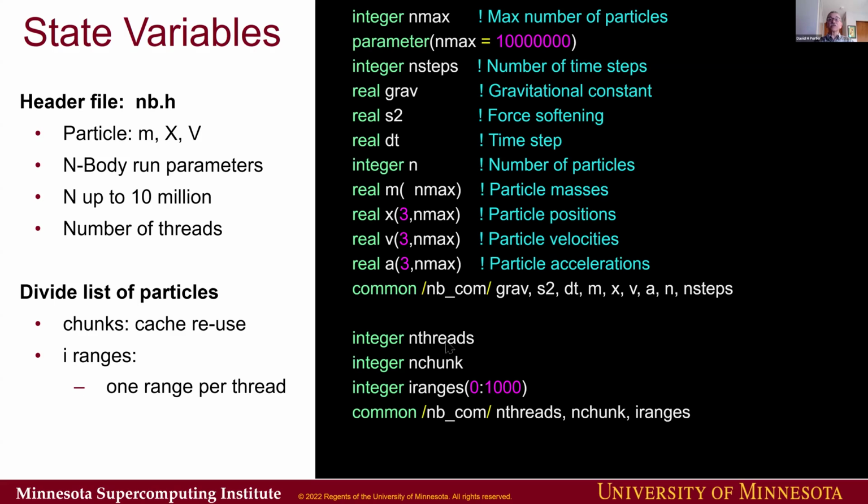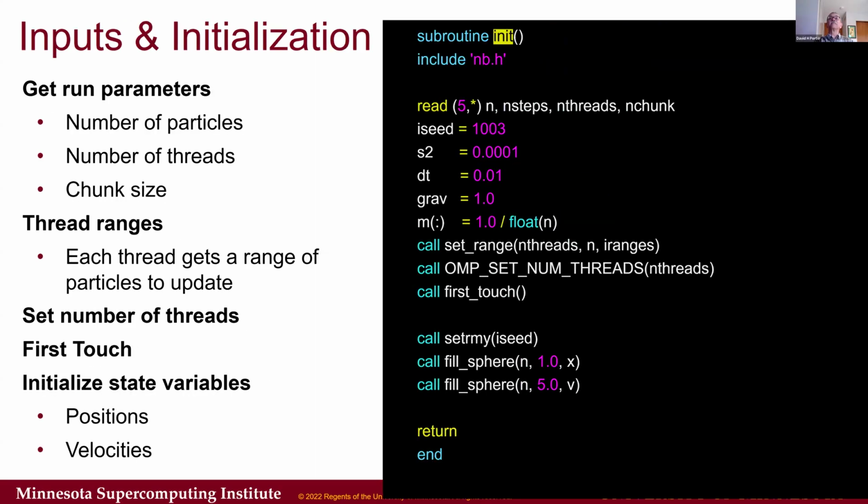And also I have a chunk size that I could allow as a control variable, which can illustrate how I can get better cache reuse by calculating the force in chunks rather than sweeping through all the particles in the simplest possible way.